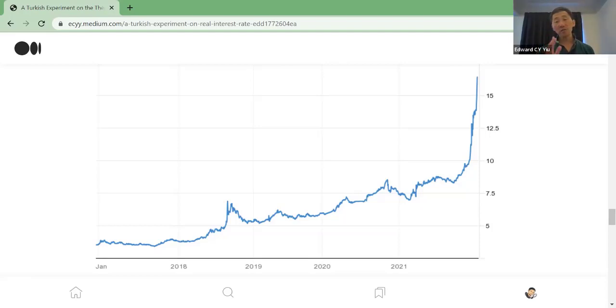But after the outbreak of the pandemic, until about September, you will find a sudden sharp increase in the US dollar to Turkish lira exchange rate. In other words, the Turkish lira plummeted 50% in just a few months' time. So it is exactly the response of the market to the central bank's action of cutting the interest rate.